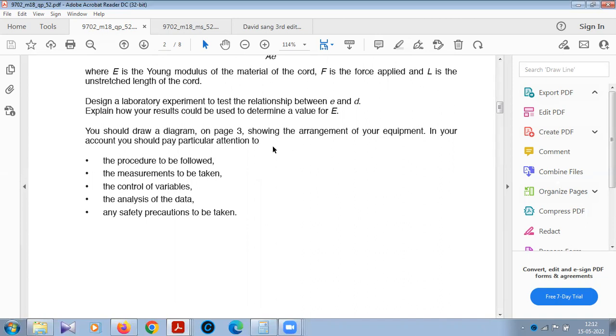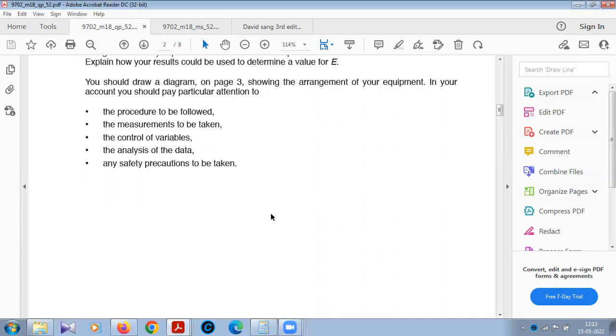You should pay particular attention to the procedure to be followed, the measurements to be taken, and what the control variables are. Control variables means: what is the independent variable, what is the dependent variable, and what variables you have to keep constant. And then how you will analyze the data, and any safety precautions to be taken.